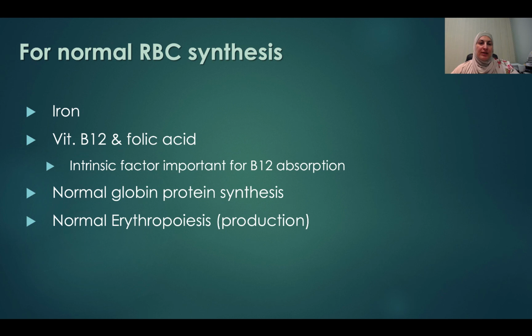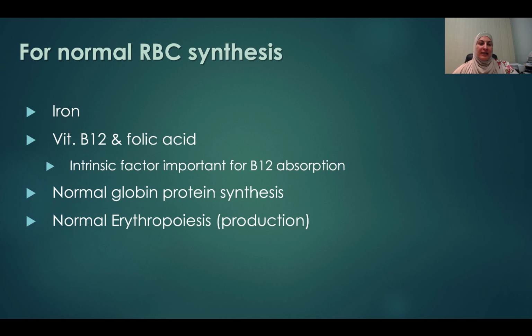So to synthesize a normal red blood cell, we need iron, vitamin B12 and folic acid, and a normal intrinsic factor, which is important in the absorption of B12. If the patient does not have this intrinsic factor, although he's taking an adequate amount of B12 and folic acid, the patient cannot absorb these nutrients.